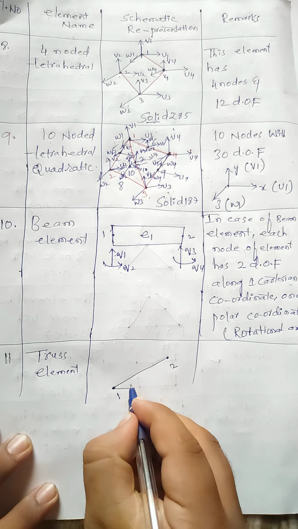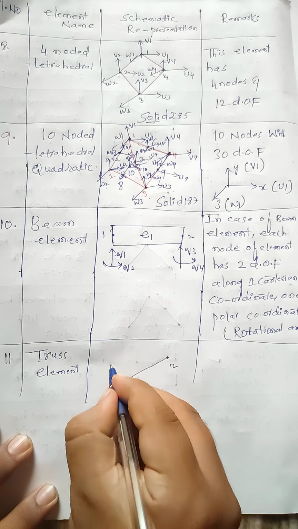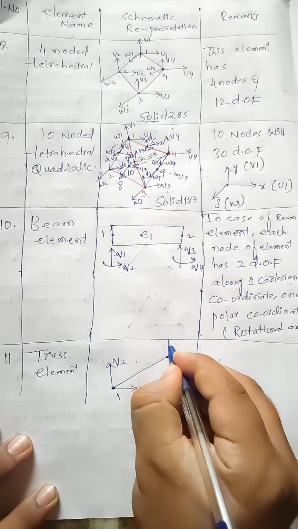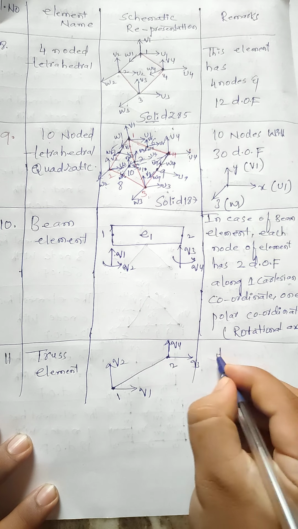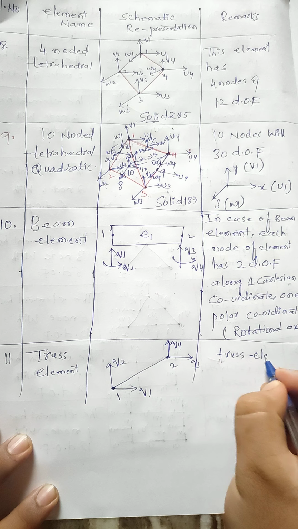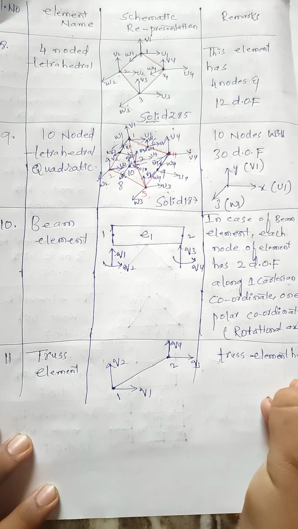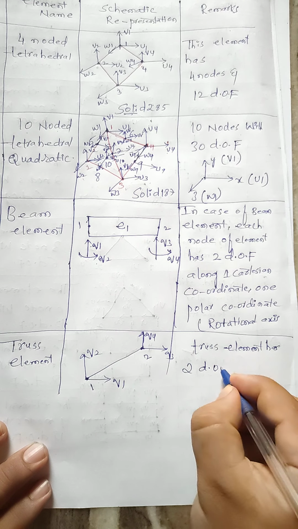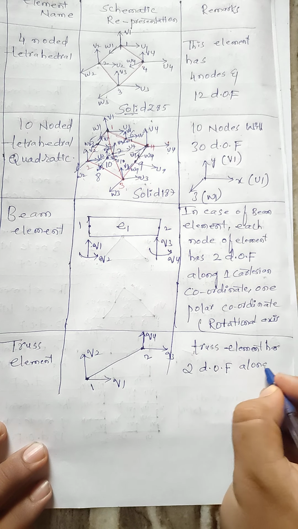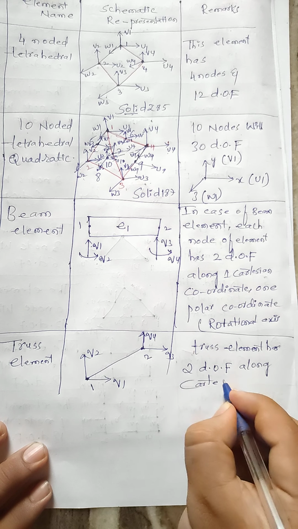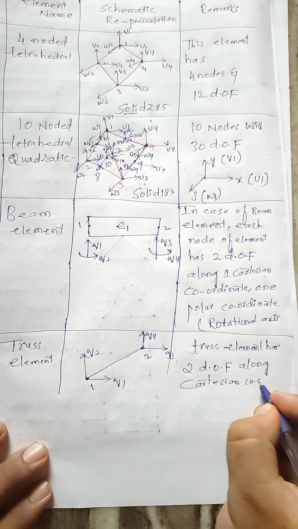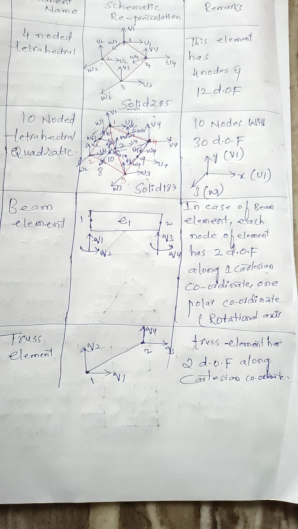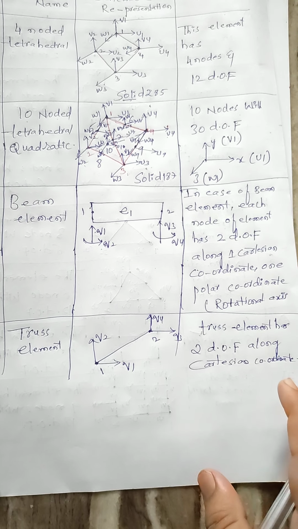So like this one, q1, q2, q3 and q4. The truss element has 2 degrees of freedom along Cartesian coordinate. Clear?